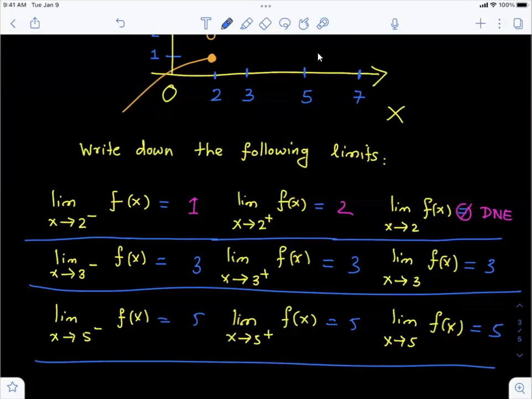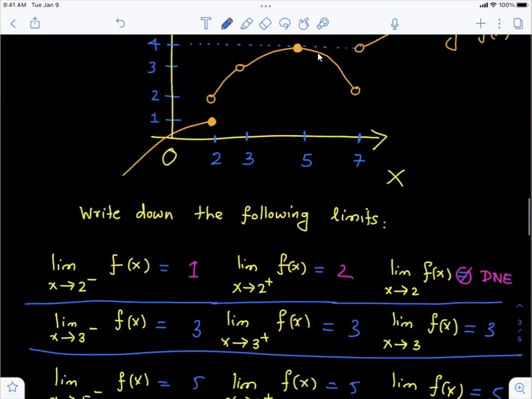So the takeaways from this conversation: when you have a graph given, try to understand the left limit and the right limit and the behavior of those two components. If they agree with each other, you can say the common limiting value exists, and that would be equal to the common limiting value that they agree on each side.